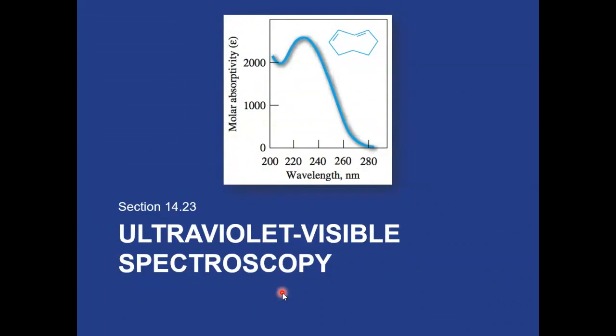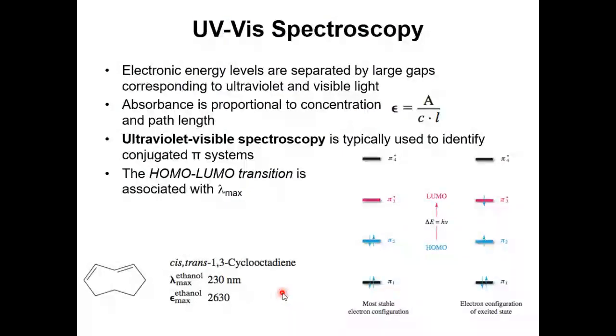The next spectroscopic technique is UV-visible spectroscopy. As we learned, the absorption of infrared photons indicates a transition between vibrational energy states. What about absorption of a UV or visible photon? That indicates a transition between electronic energy states.